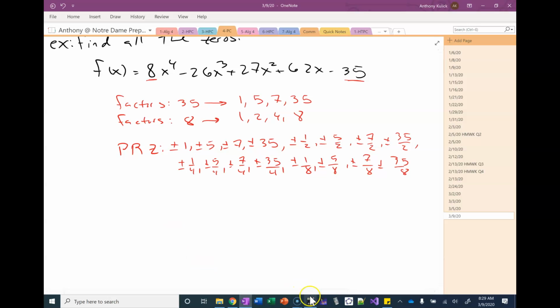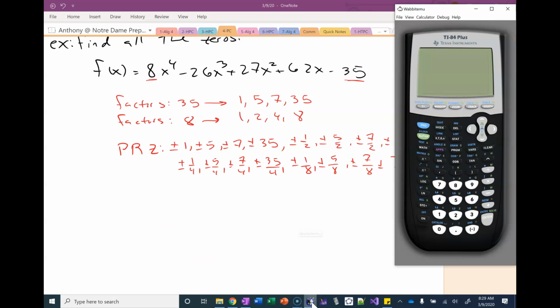Okay. Next thing we do is we go graph the polynomial on our calculator and look at the picture. What we're looking for on the picture is the x-intercepts, and we're looking for x-intercepts that also correspond to numbers on our list. We can only do our synthetic division with numbers that appear on our list.